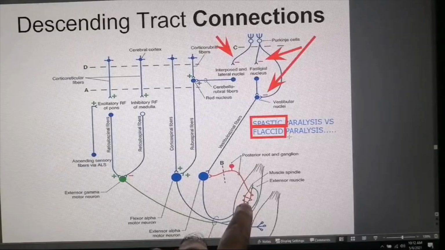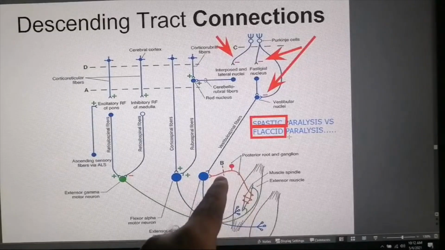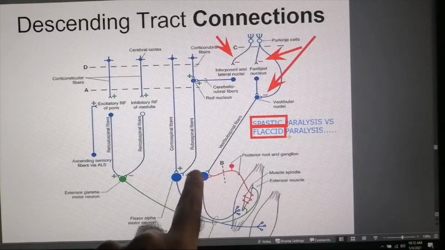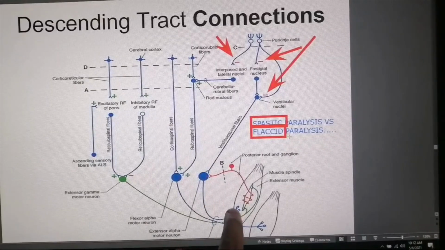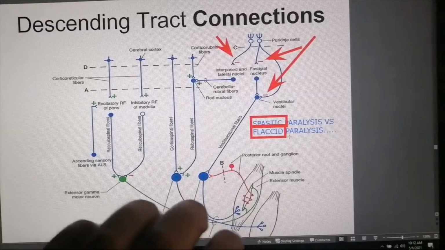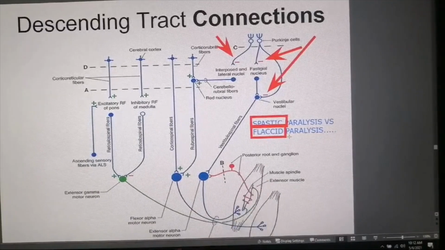The sensory fibers will keep sending stretch input into the spinal cord, and the motor neuron will keep contracting the extrafusal fiber. This is like a perpetual positive feedback loop, which will keep on overexciting the extensor muscle, and it will go into spastic paralysis. By the way, we also call it the gamma loop.